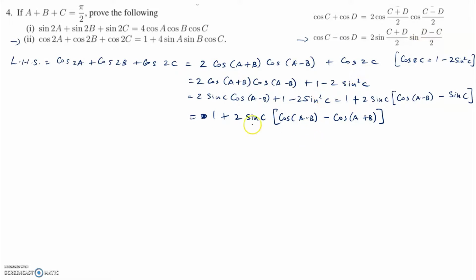So applying this, you will get your solution as 1 plus 2 sine C into 2 times sine A sine B, which is equal to 1 plus 4, 2 times 2 is 4, 4 sine A sine B sine C, which is equal to our right hand side, hence the proof.